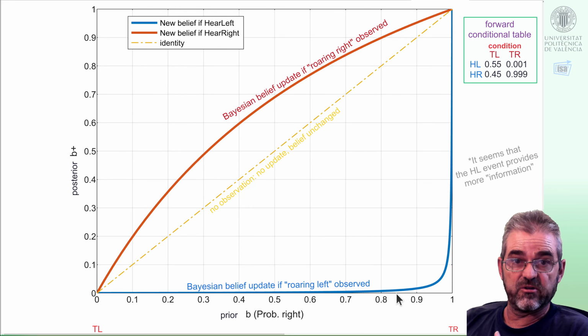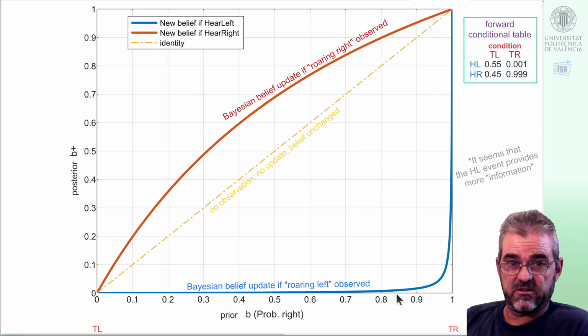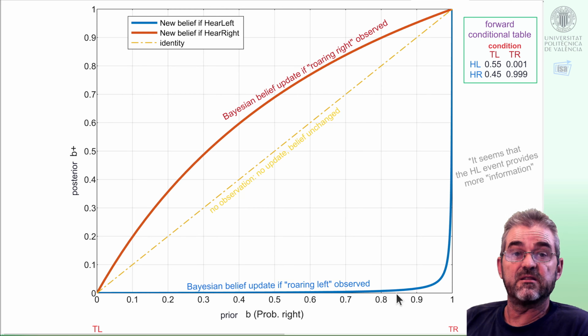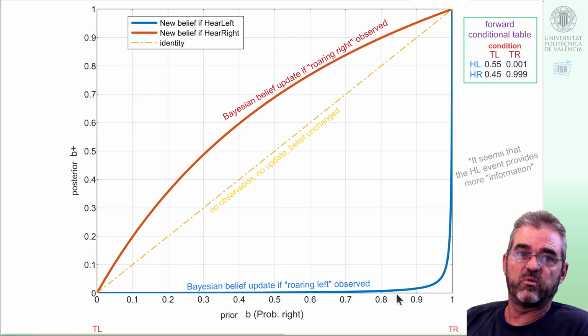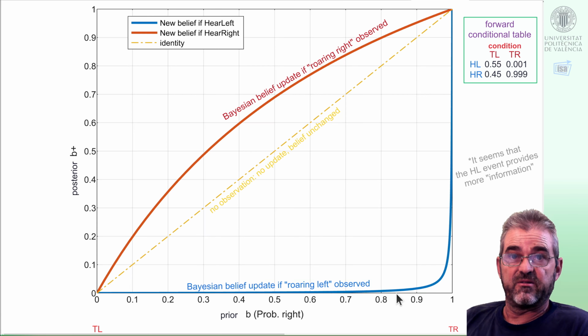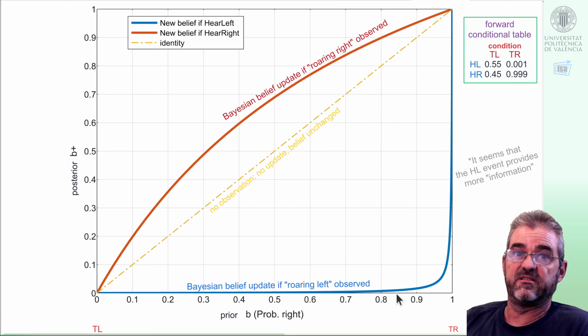So if I hear noises at the left, I will have a large likelihood that indeed the tiger is at the left. So the right conditional was very precise, but then it is listening to the left that gives me more information. Observing a very infrequent event gives me a lot of information.